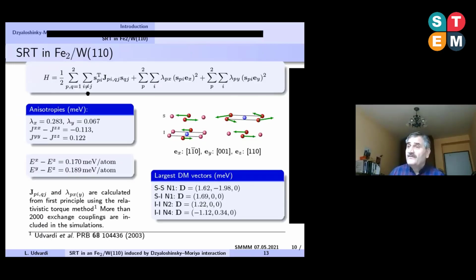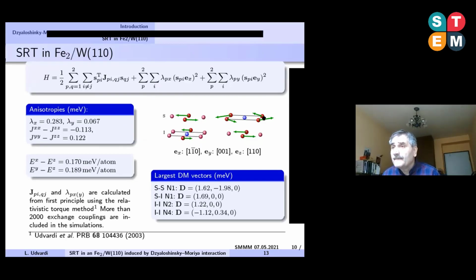Okay, we made a simple simulation. In that case, we calculated all the exchange couplings and anisotropy parameters from first principles. We have more than 2,000 exchange couplings, which were tensor couplings, and we have all the anisotropy parameters.